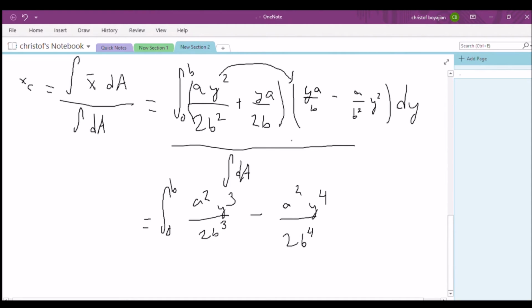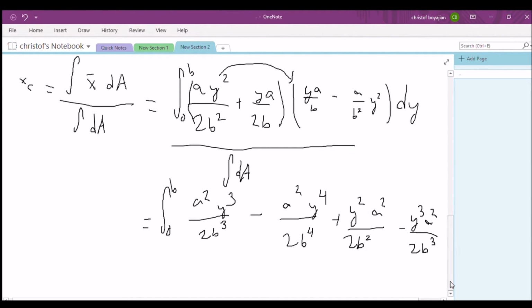Okay, and then we have plus y squared a squared over 2b squared minus, hopefully I have room to write all this, y cubed a squared over 2b cubed.